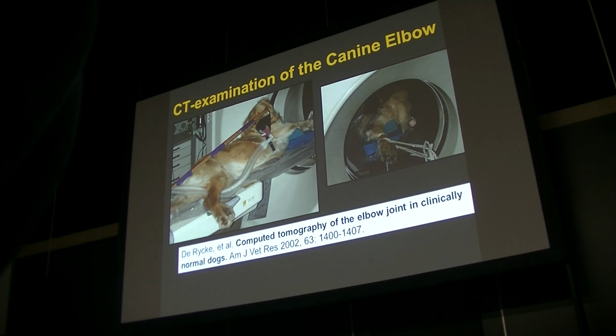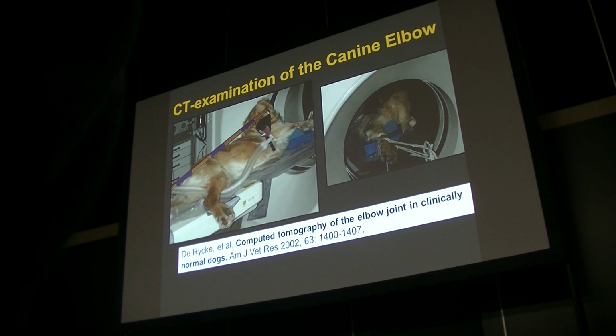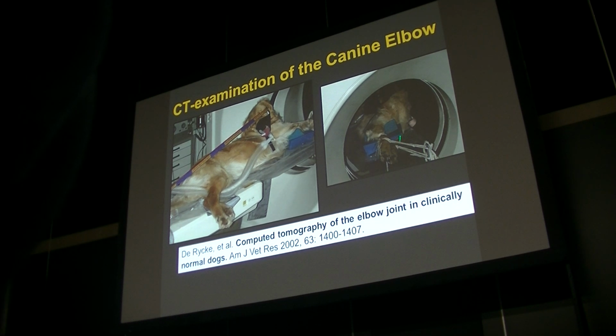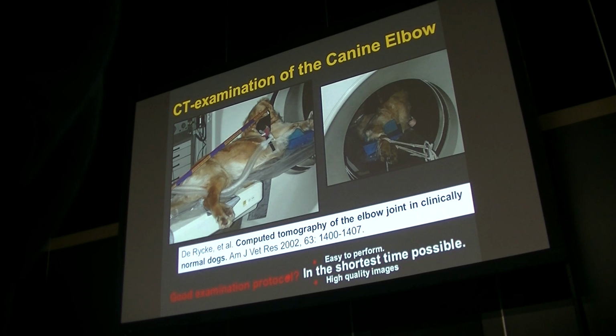We perform our studies in lateral recumbency, with the head pulled back outside of the gantry. We only have both elbows inside the gantry. It provides much better quality images, and you see the feet are extended in order to perform the examination.